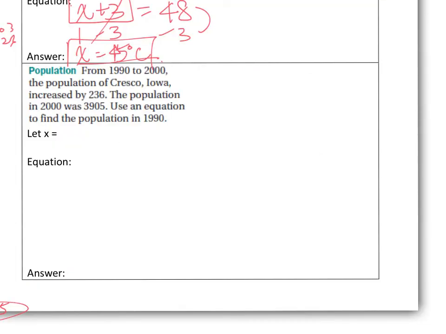Population. From 1990 to 2000, the population of Cresco, Iowa increased by 236. The population in 2000 was 3,905. Use an equation to find the population in 1990. So I'm going to let x equal the population in 1990.